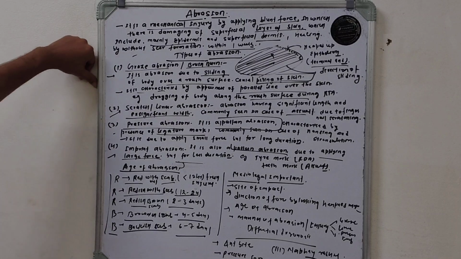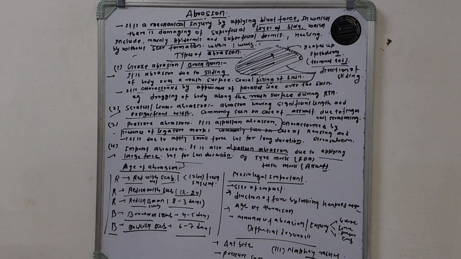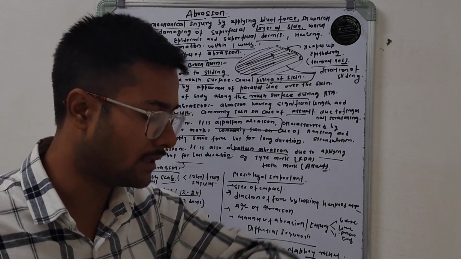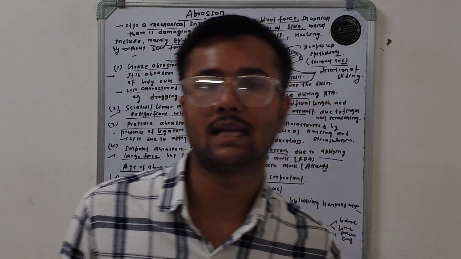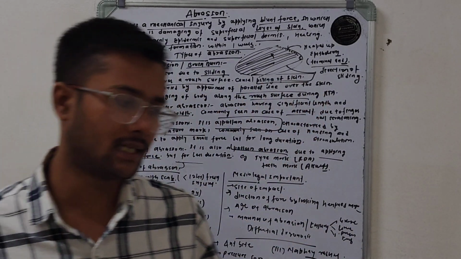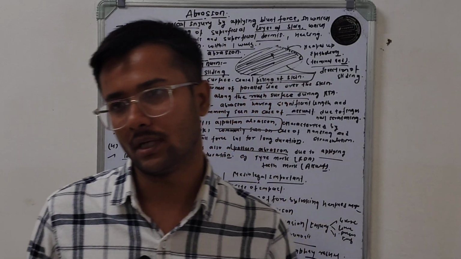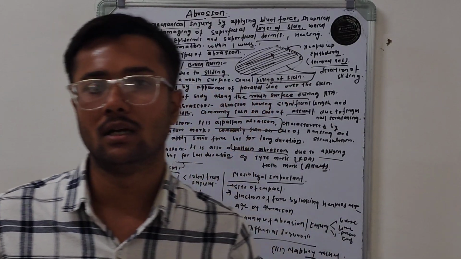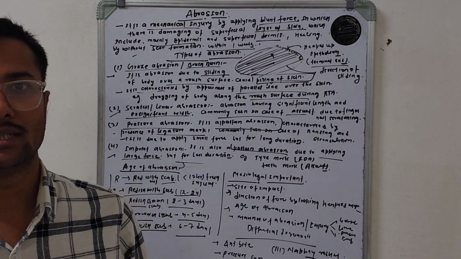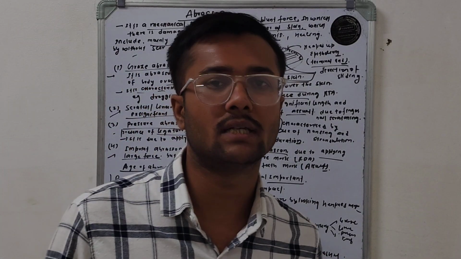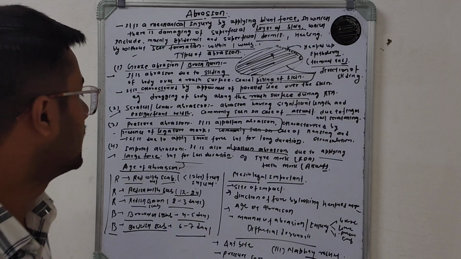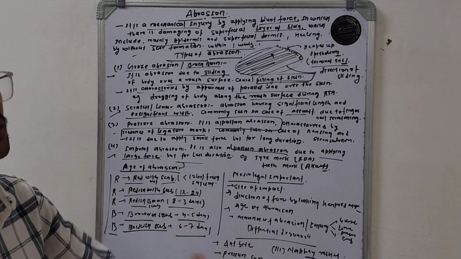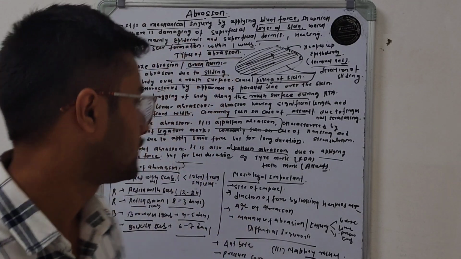If you observe any abrasion and it looks reddish, it indicates a fresh abrasion. But if it looks blackish, it indicates that the abrasion occurred 6 to 7 days before.